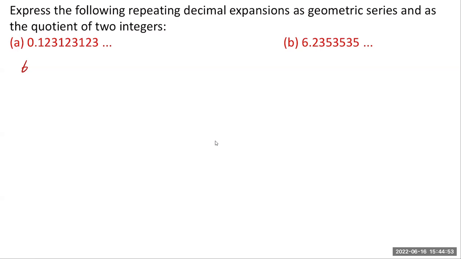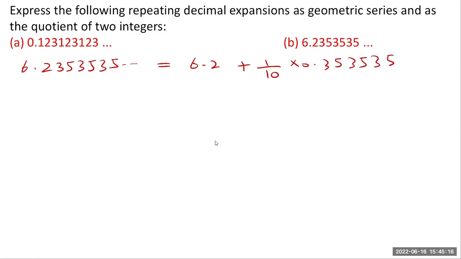So what I'm going to do is rewrite this expression 6.2353535 dot dot dot as 6.2 plus 1 over 10 times 0.353535 dot dot dot. Would you agree with me?